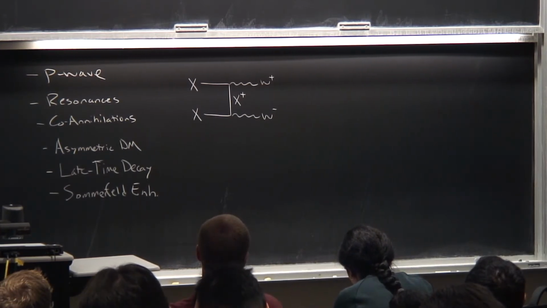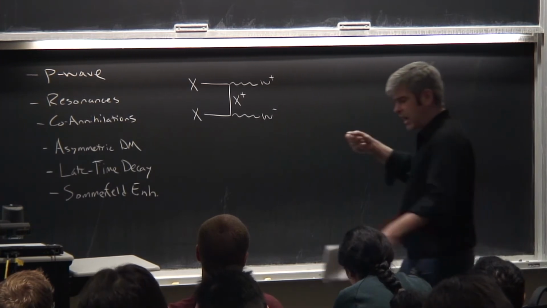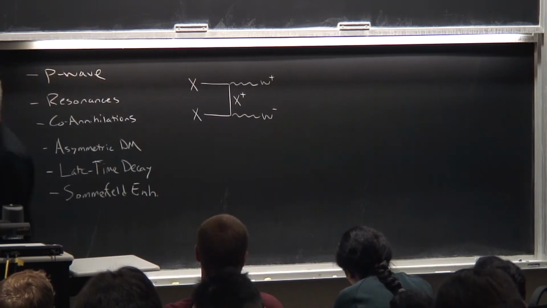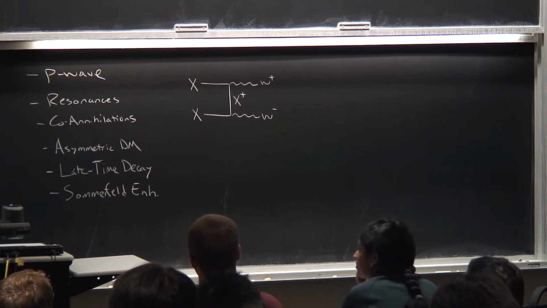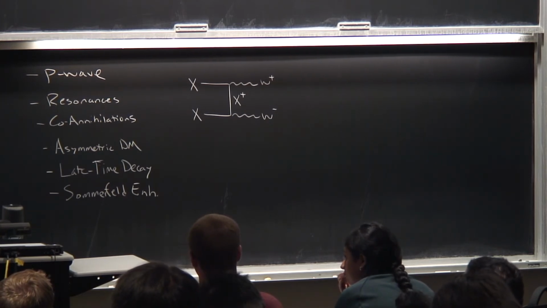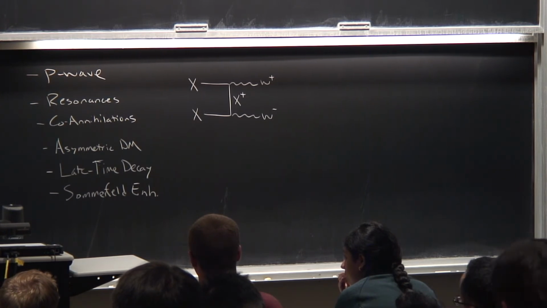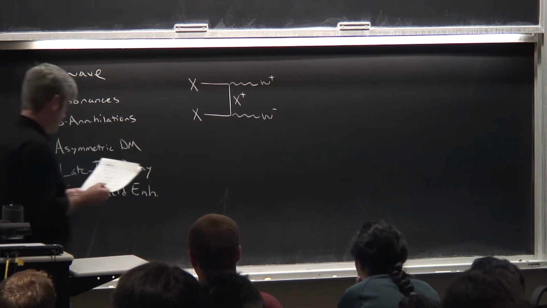So at higher temperature environments, this is the leading diagram. But now you go to the very, very low velocity environments of the galactic halo, for example, and you ask whether other processes could be important.